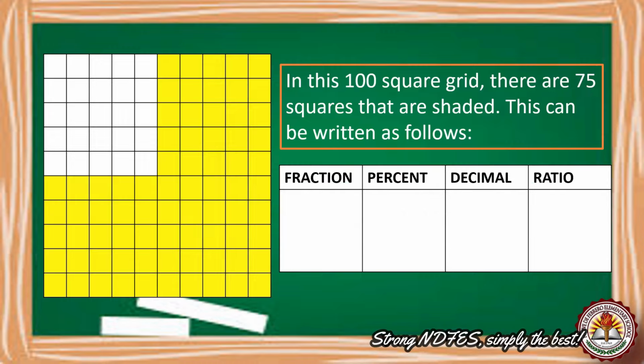First, in fraction. So 75 out of 100, that is 75 over 100 in fraction. In percent, that is 75%. In decimal, 75 hundredths, and in ratio 75 to 100.